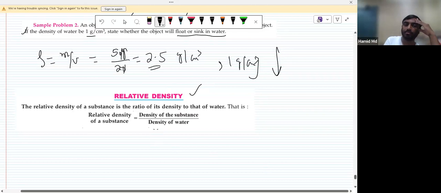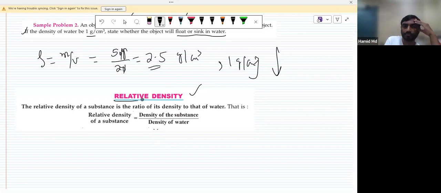You will also study the refractive index, which is a ratio of two things, with respect to the speed of light.